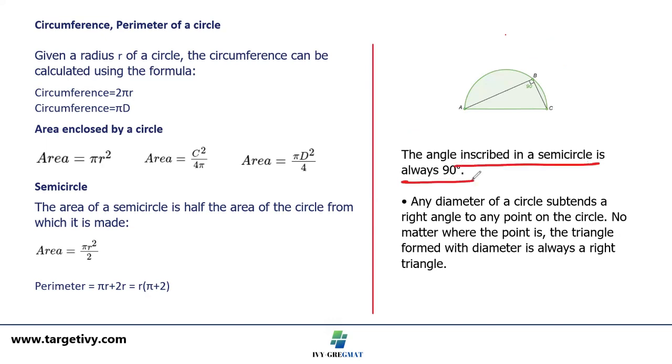This property we are going to use time and again. Any diameter of a circle subtends the right angle at the point on the circle. No matter where the point is, it may be here, here, or here, anywhere. But this is going to be 90 degrees. Fair? Okay.